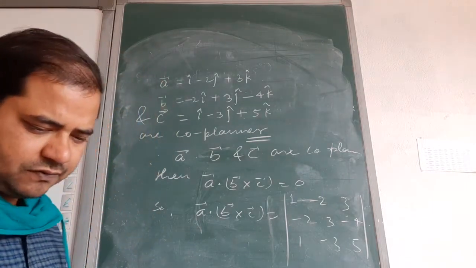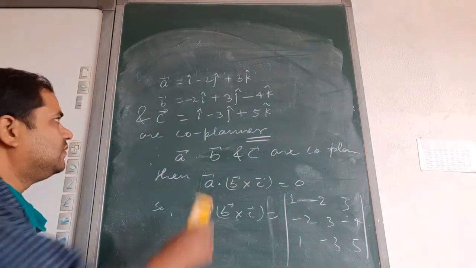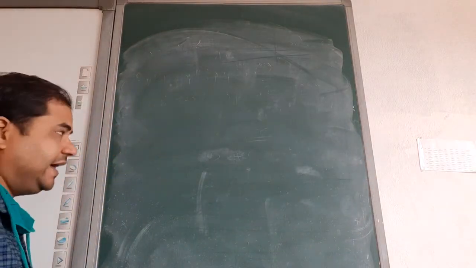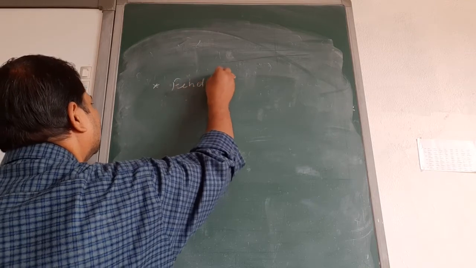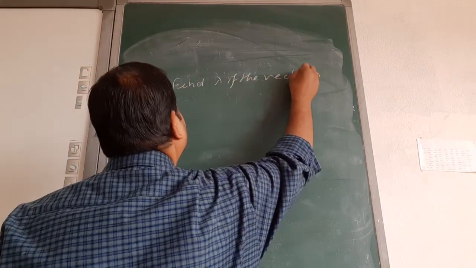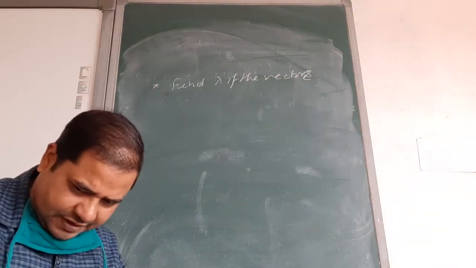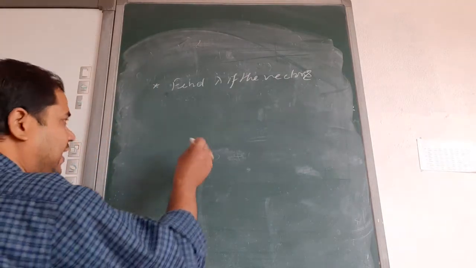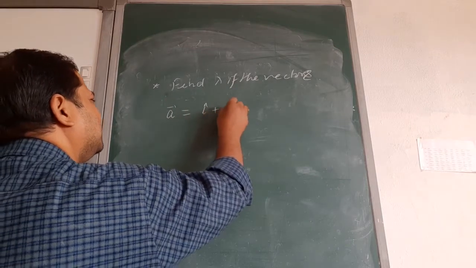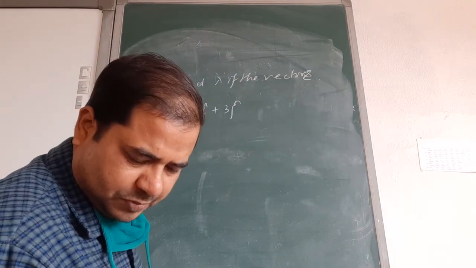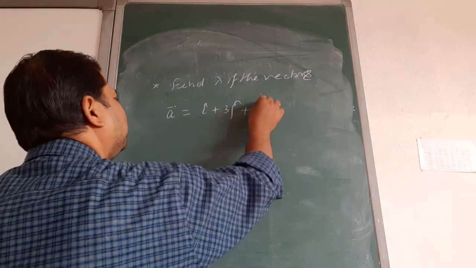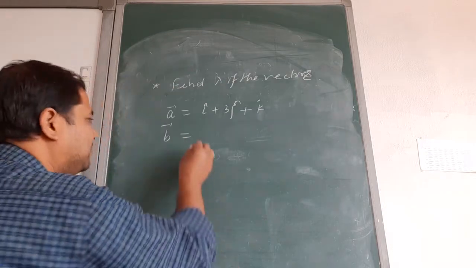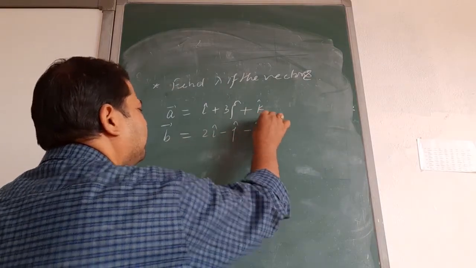Find lambda if the vectors A is equal to I cap plus 3j cap plus k cap, B is equal to 2 minus 1 minus 1, that means 2I cap minus j cap minus k cap.